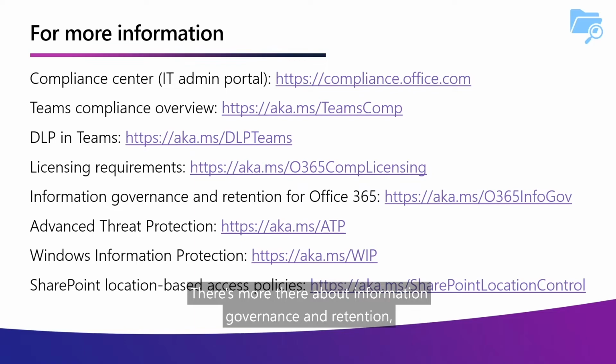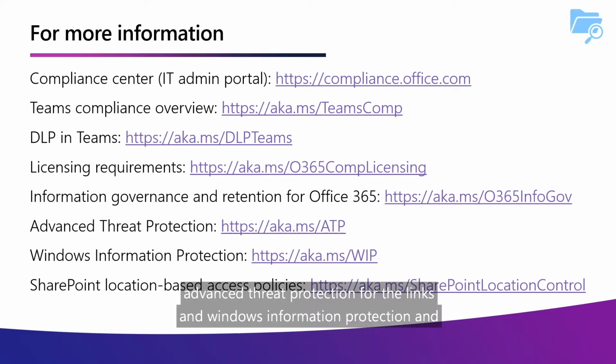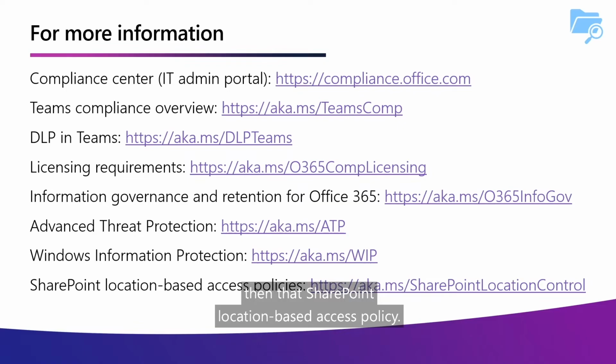There's more information there about information governance and retention, advanced threat protection for the links, and Windows information protection. And then that SharePoint location-based access policy, you can read about it at that link.